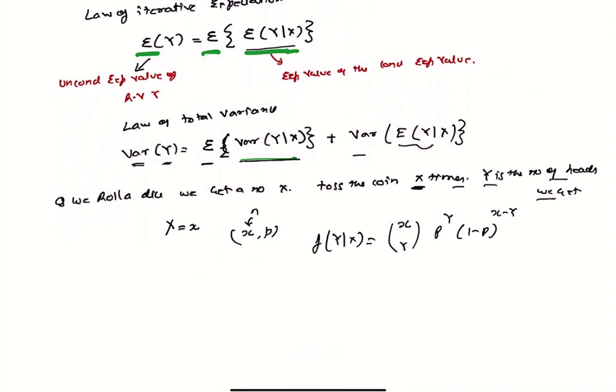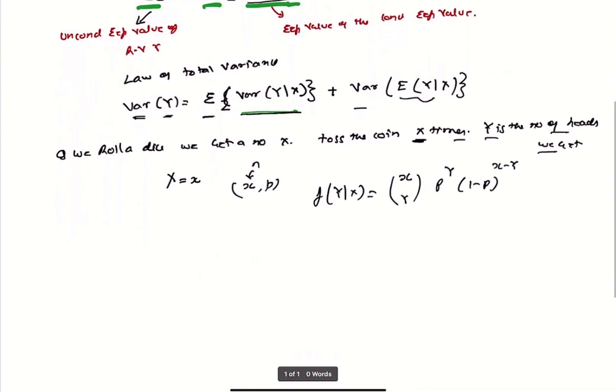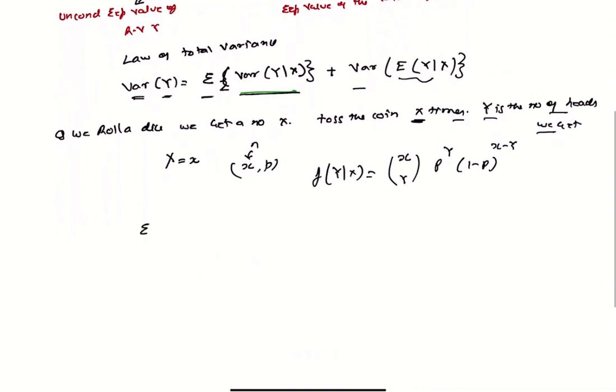Now if we want to know the expected value of y given x, it is going to be xp, because the expected value of a binomial variable is n times p.